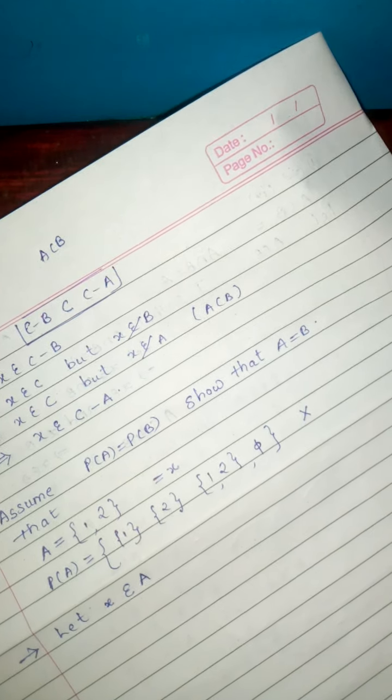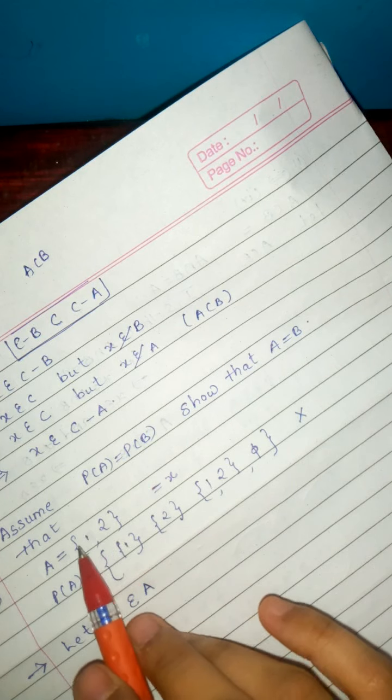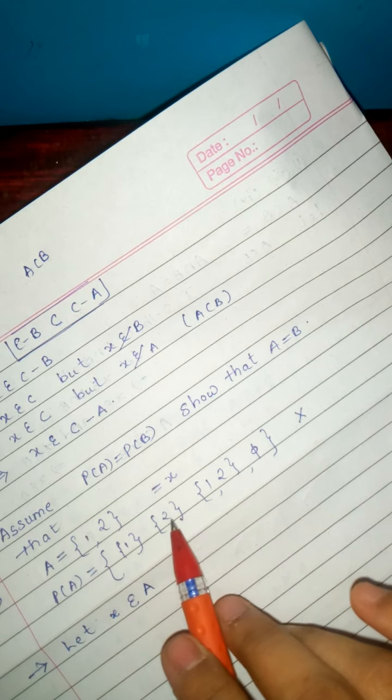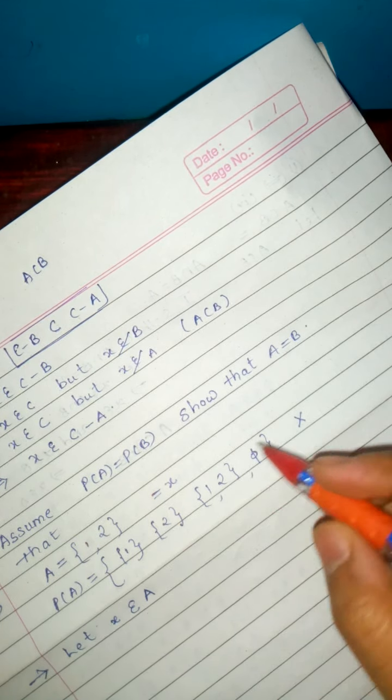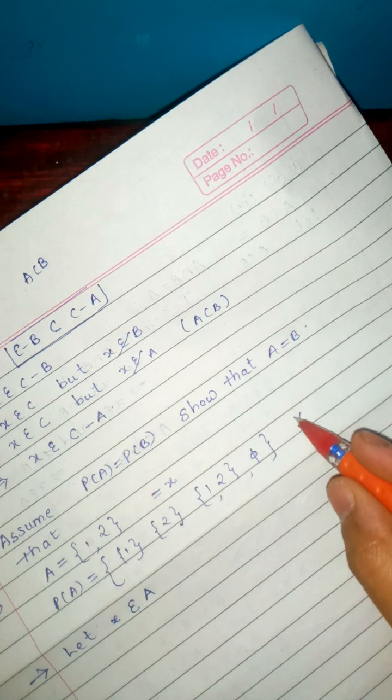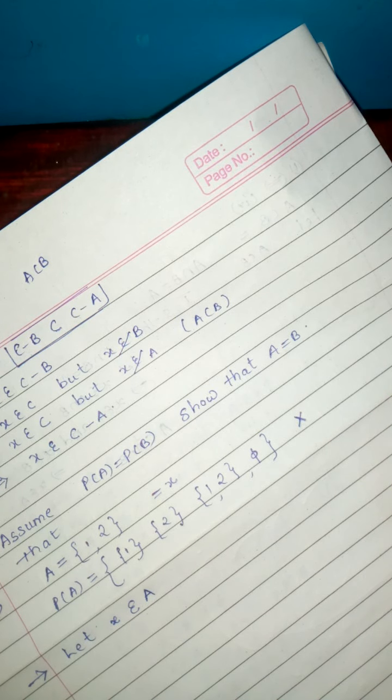Now a small x belongs to A. Inside the power set you can see sets, and as I have told you, the elements inside the power set will be denoted by x.